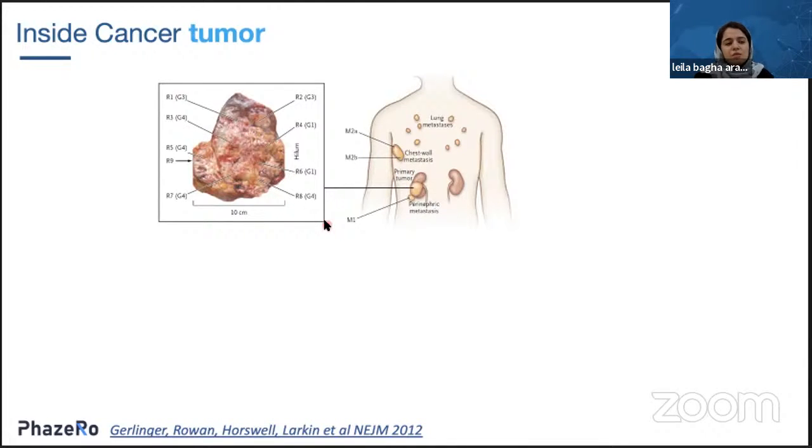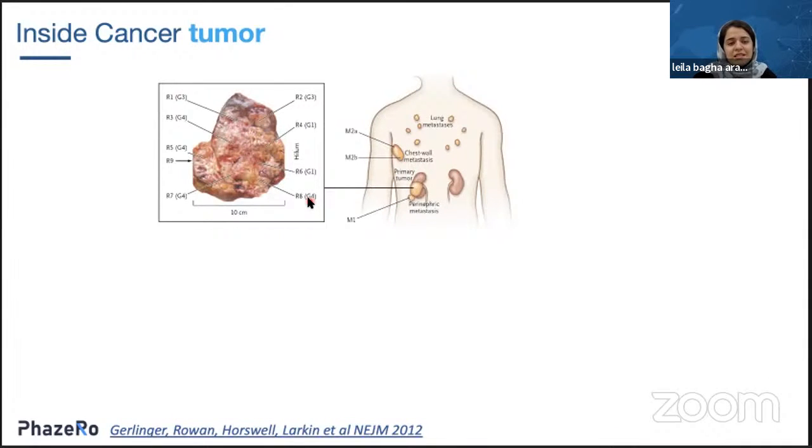Around 22,000 genes and almost 300 million base pairs were sequenced in very deep detail to understand whether all the biopsies give the same result or very different results.